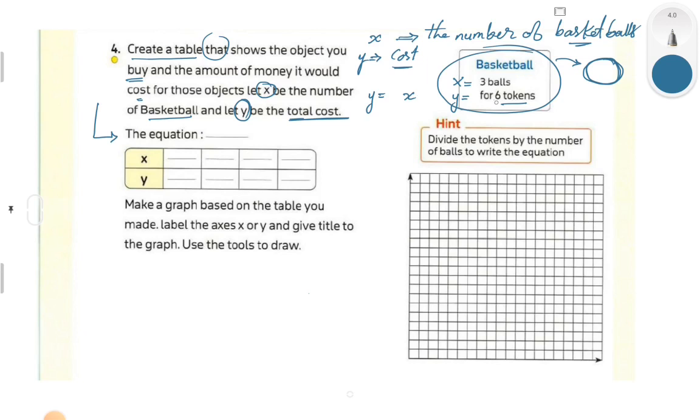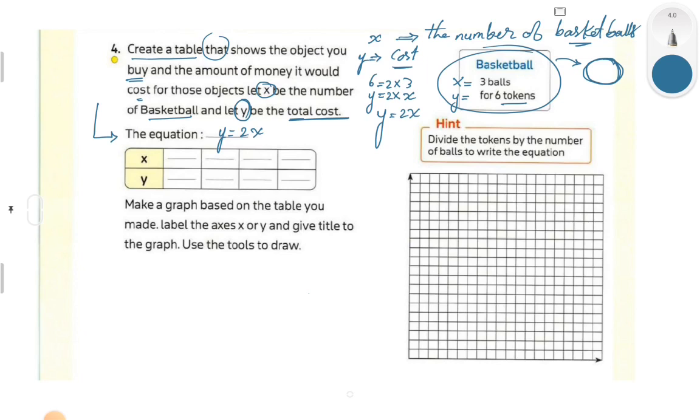Note, if x equals 3, it becomes 6. Just multiply it by what? By 2. 6 equals 2 times 3. Now 2 is a constant, so y equals 2 times x. That means y equals 2x. So our equation is y equals 2x.